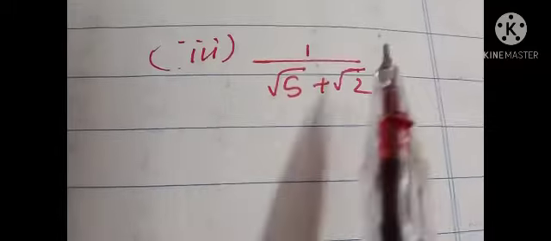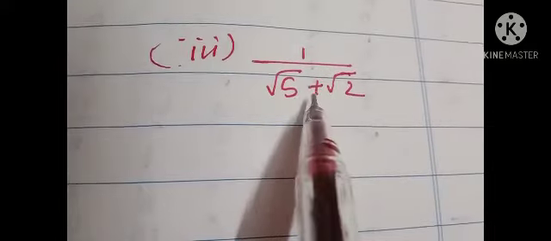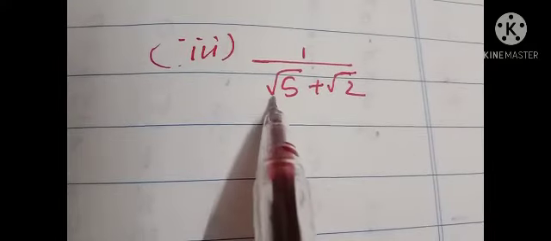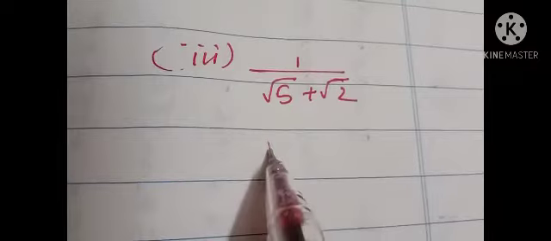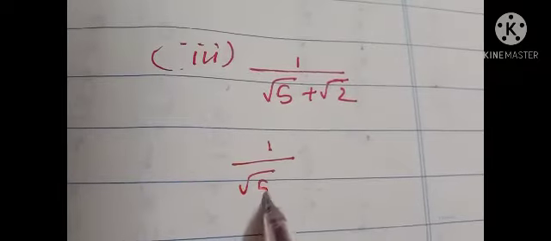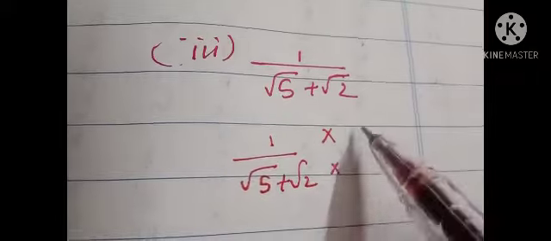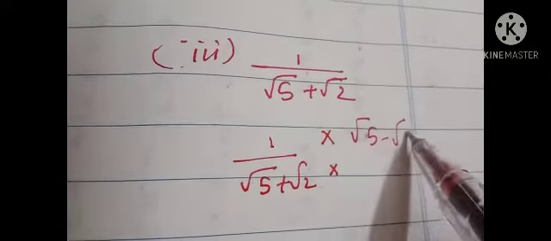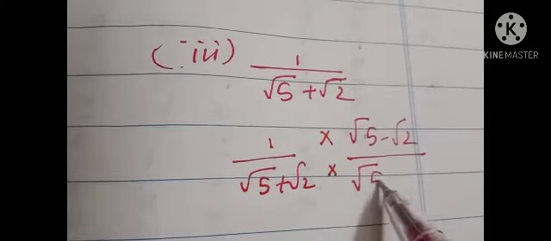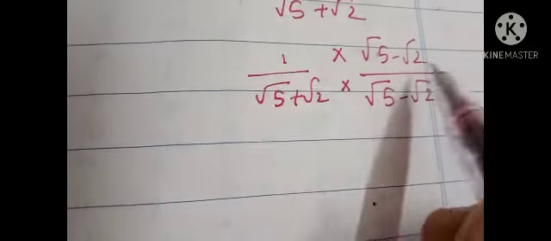Third sub question is 1 by root 5 plus root 2. So here we have to multiply both the numerator and the denominator by what? Root 5 minus root 2. Now the numerator becomes 1 into root 5 minus root 2, which is root 5 minus root 2 itself.